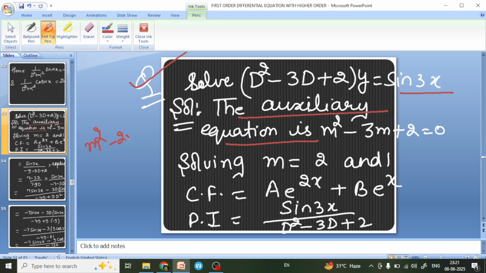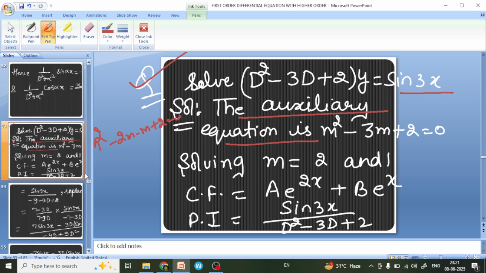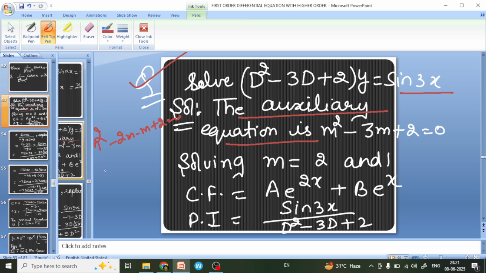m square minus 2m minus m plus 2 equal to 0.